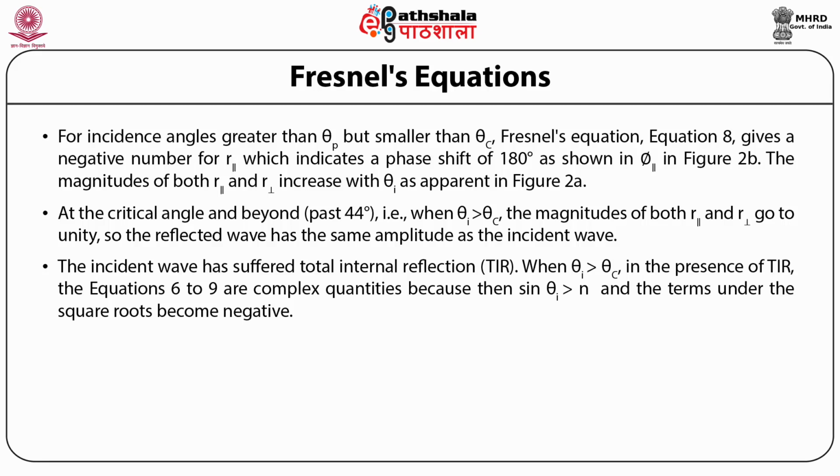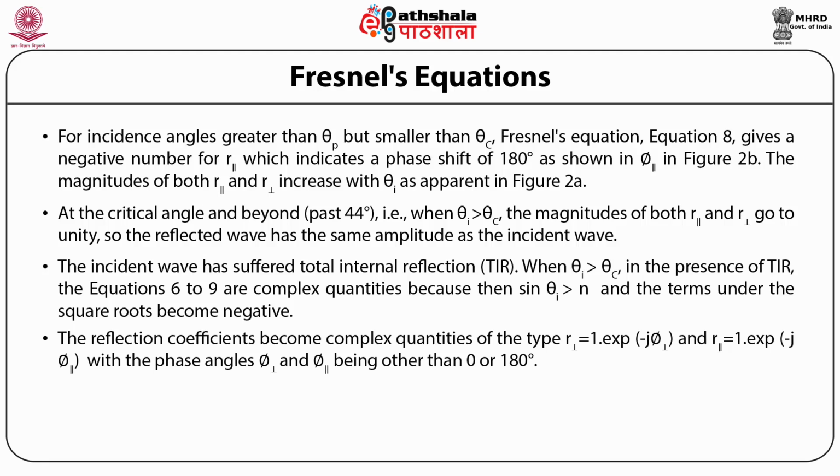When theta i is greater than theta c, in the presence of total internal reflection, equations 6 to 9 are complex quantities because then sin theta is greater than n and the terms under the square roots become negative. The reflection coefficients become complex quantities of the type r perpendicular equal to 1 exponential of minus j phi perpendicular and r parallel equal to 1 exponential of minus j phi parallel, with the phase angles phi perpendicular and phi parallel being other than 0 or 180 degrees.